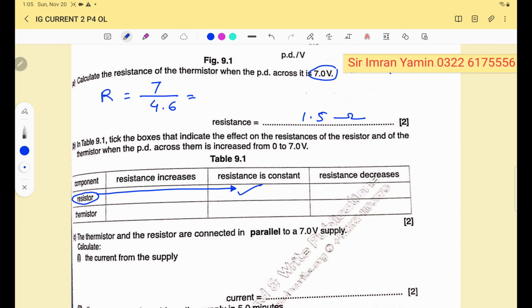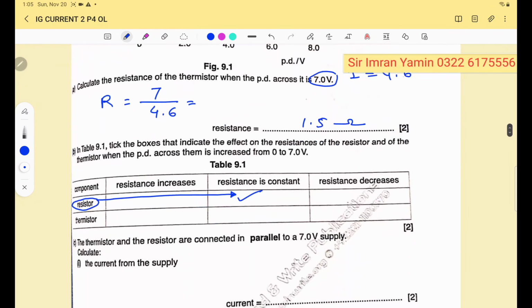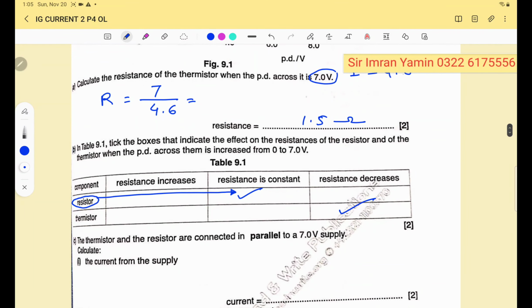But what about the thermistor? When you increase voltage, it becomes hot. When it becomes hot, temperature increases, and when temperature increases, its resistance decreases. So the answer is resistance will decrease.